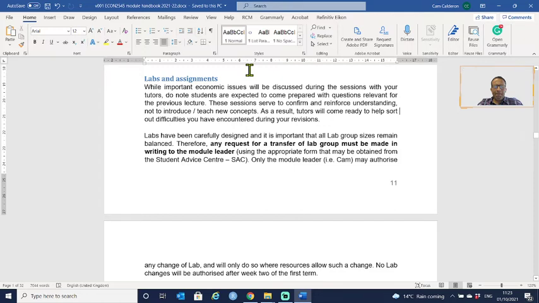Students need some prior learning on macroeconomics and microeconomics, since we are covering topics in these two fields.